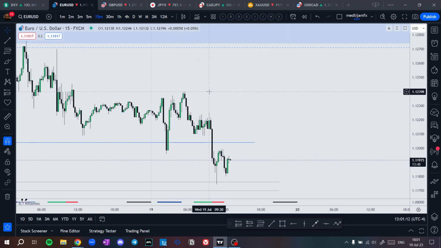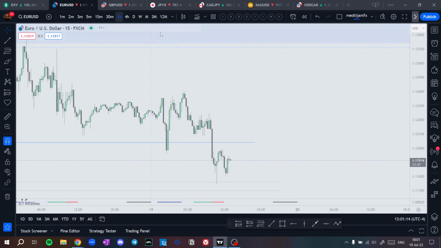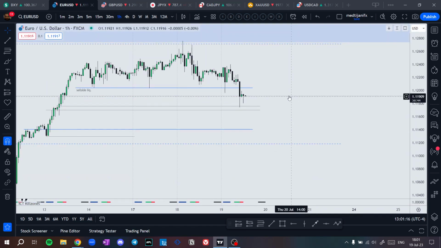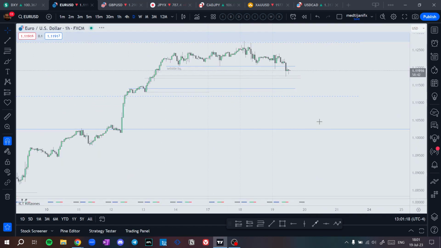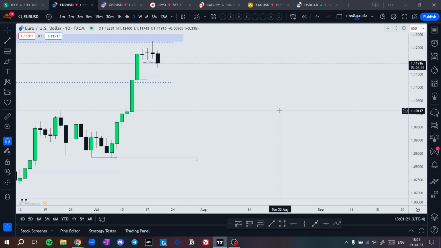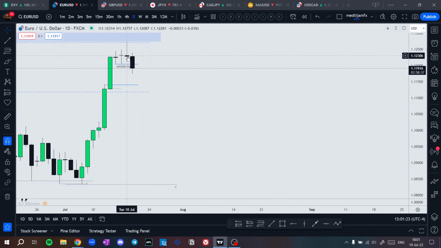So at this point on today's chart, if we go to the daily time frame, we see that price is closing like this, as the previous day has closed as a bearish contraction.